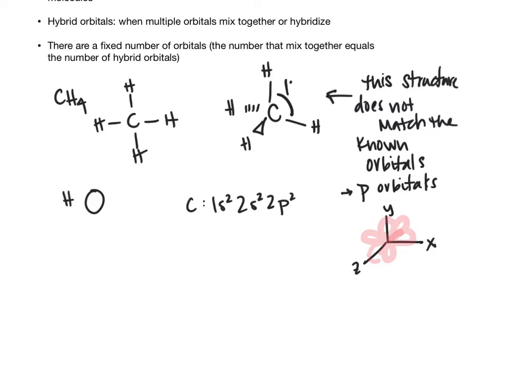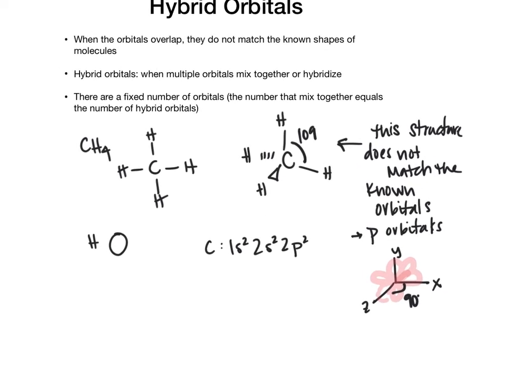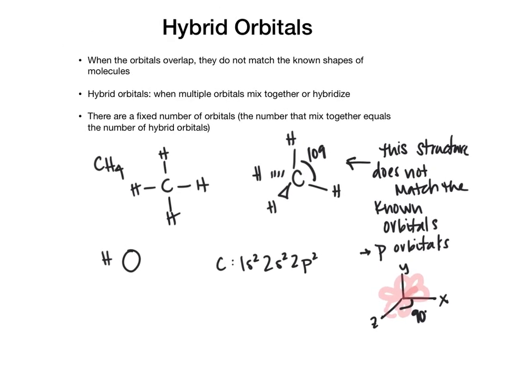So these are 109. And these orbitals here are all just 90 degrees. And so the question really becomes, how is this possible? And so we're going to start to create hybrid orbitals that are going to give us the ability to think about how the molecules that we know exist form. So there are a couple of key facts.